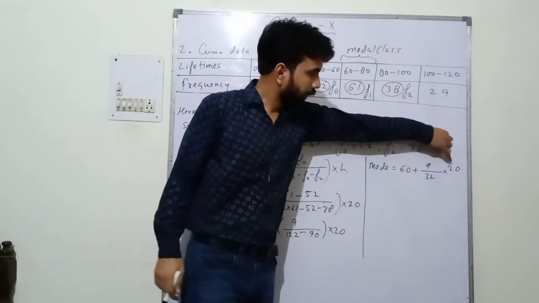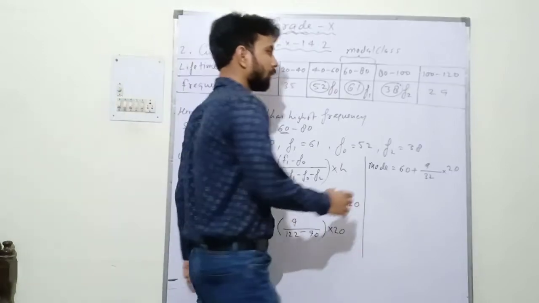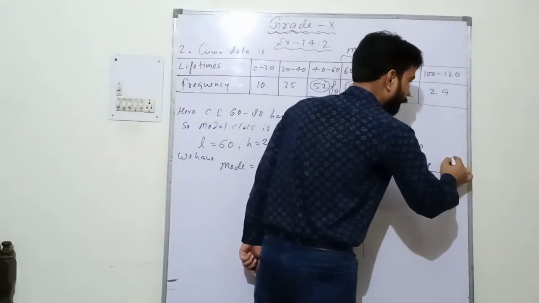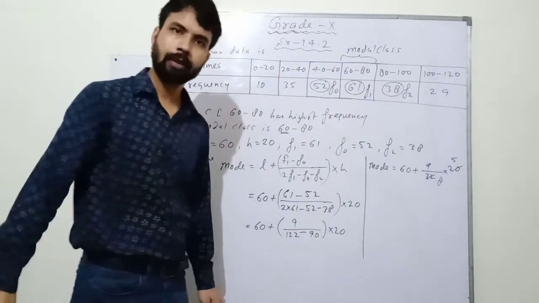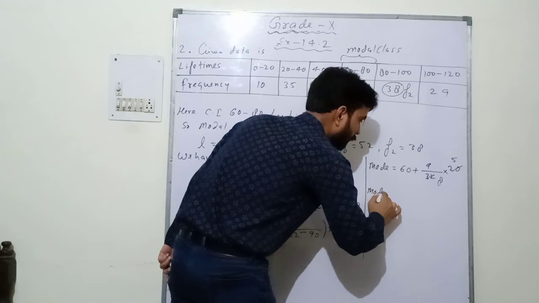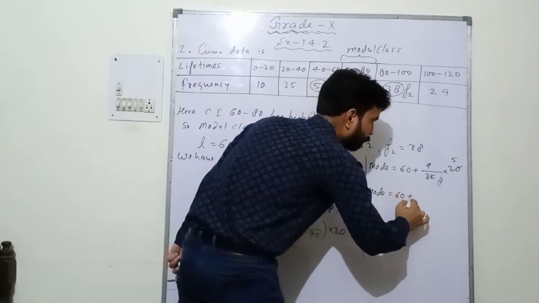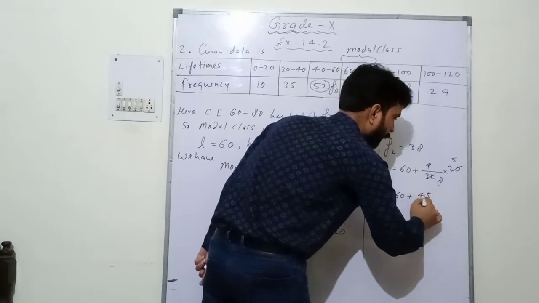See, 20 and 32 both can be cancelled by 4. 4 5s are 20, 4 8s are 32. Clear? Now mode equals 60 plus 9 5s are 45 upon 8.